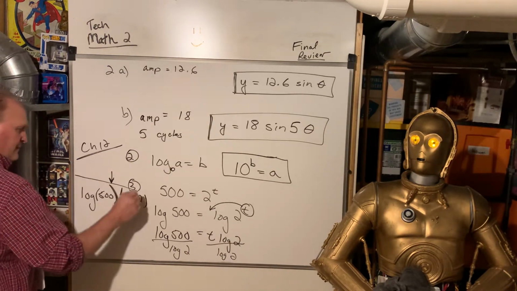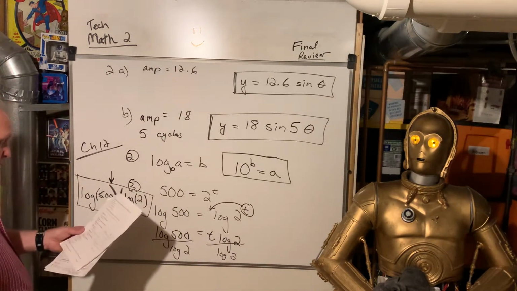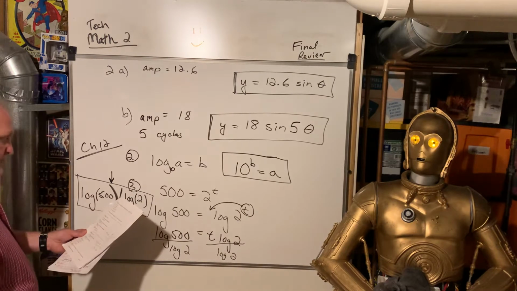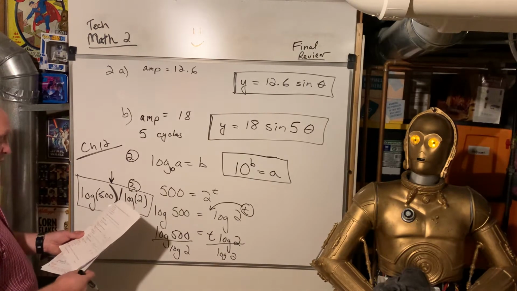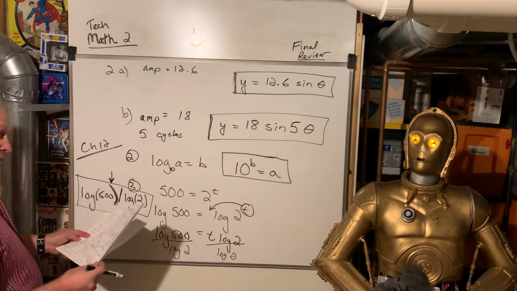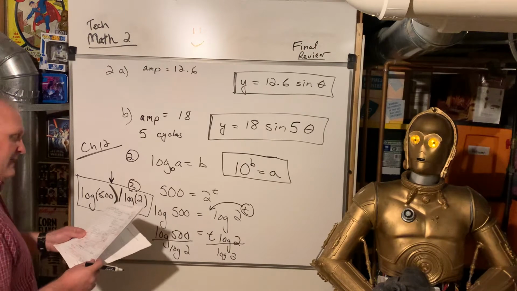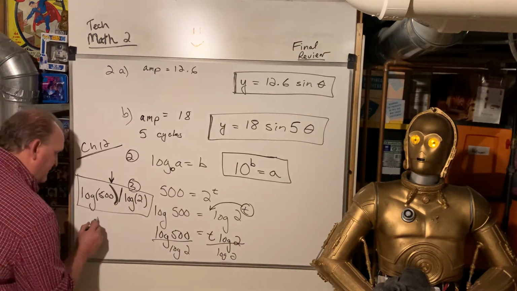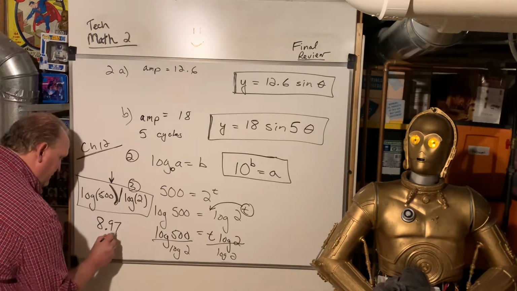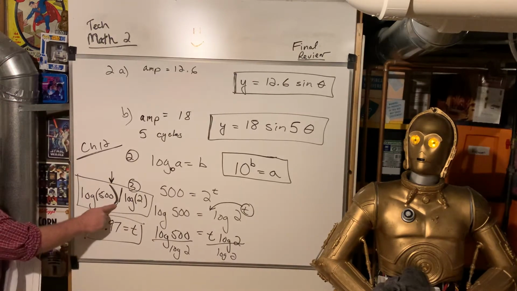But, and then hit enter. And then we round to the nearest hundredth. So what are we looking at there? That is 8.9657, so we'll call it 8.97 is t. All right? Don't forget that second parenthesis.